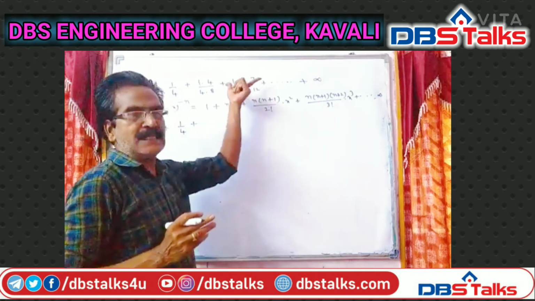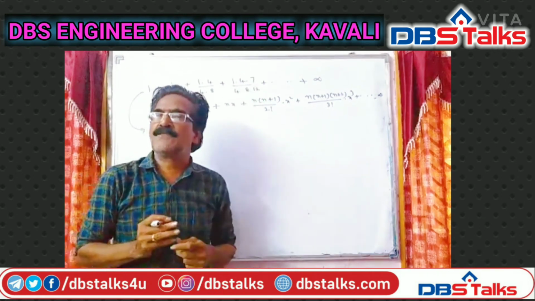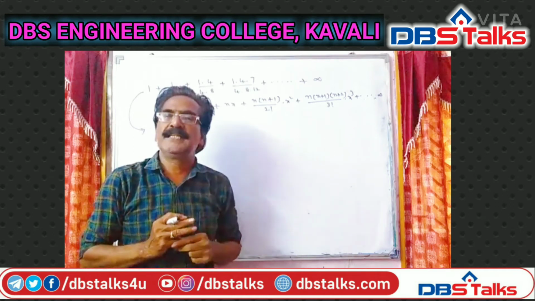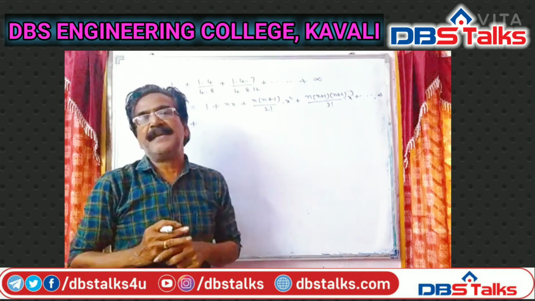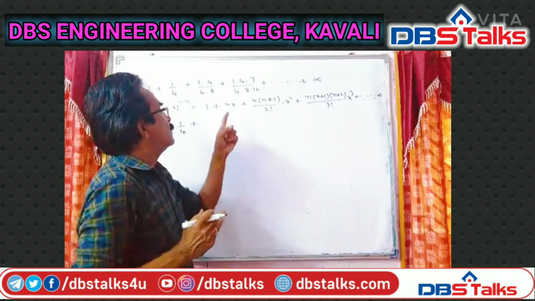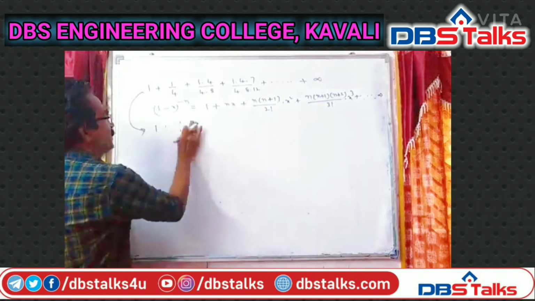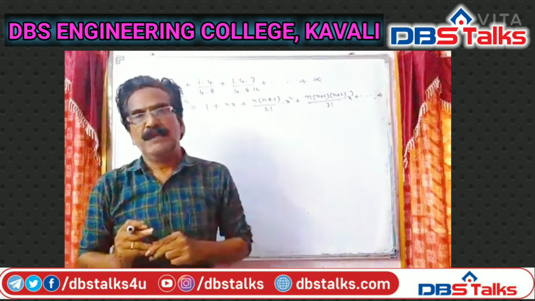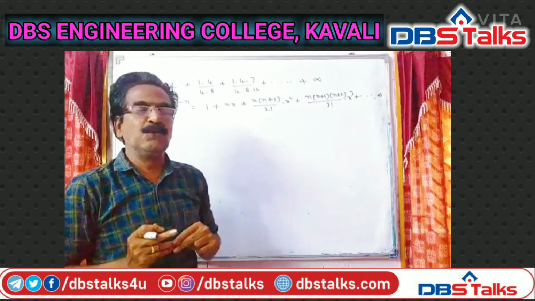Actually, this given expression will come into the form of 1 minus x whole power minus p by q, where n is equal to p by q. So let us see one more step. What will happen if n is equal to p by q?